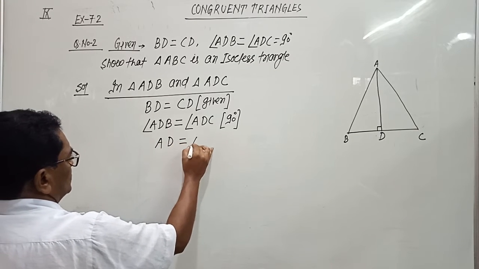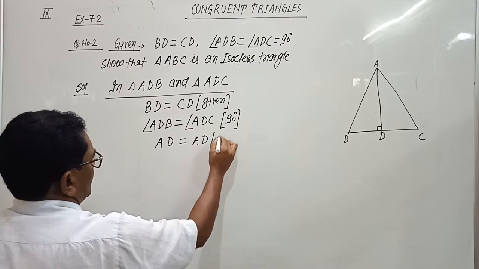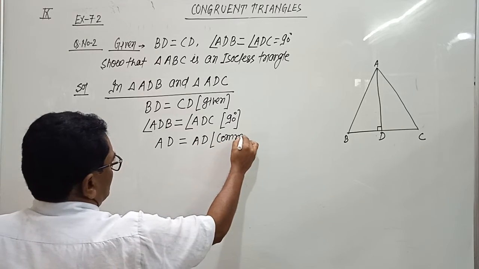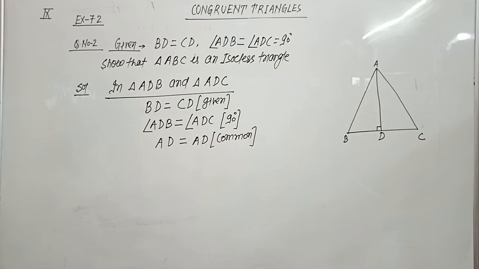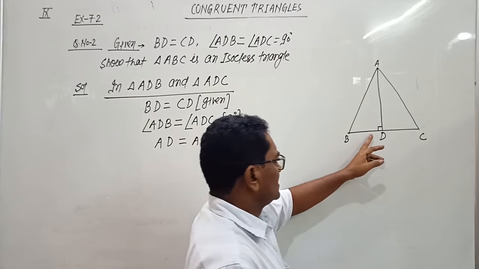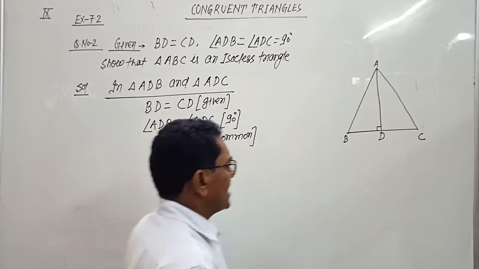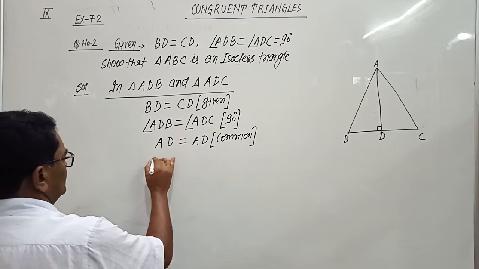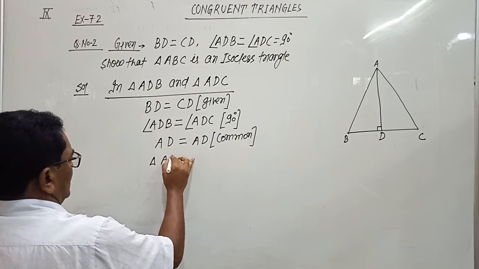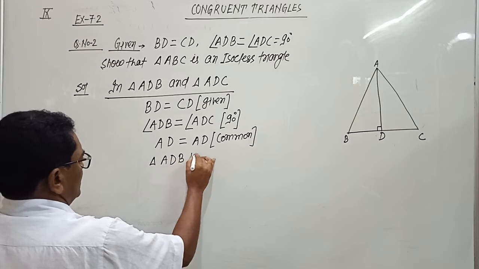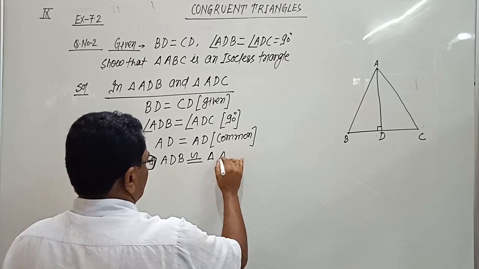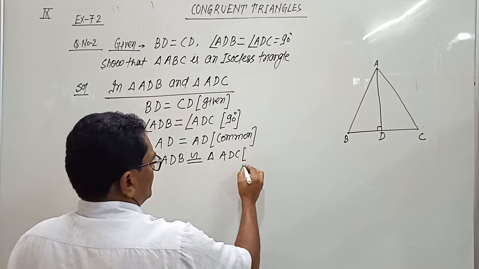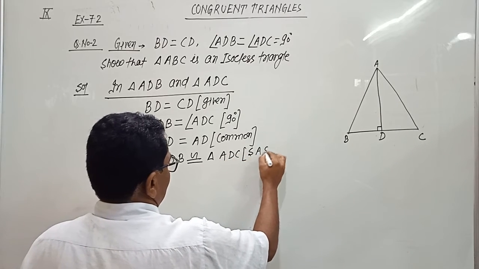AD equals AD. Therefore, by SAS, side angle side, these two triangles become congruent. Triangle ADB is congruent to triangle ADC by side angle side.